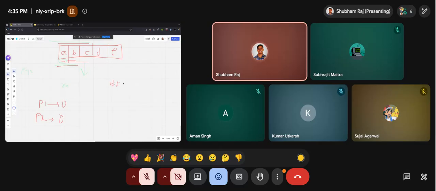Now, if player one picks the first element A, his difference will become plus A, right?